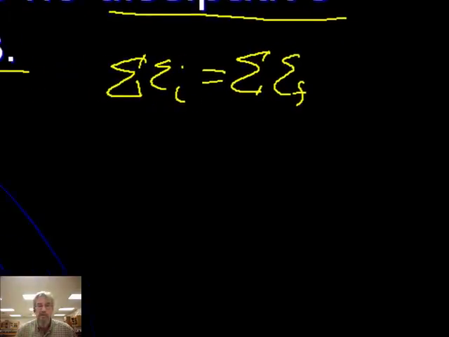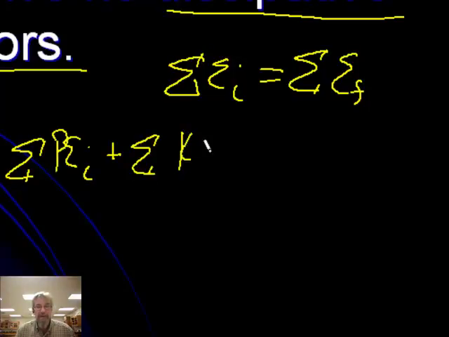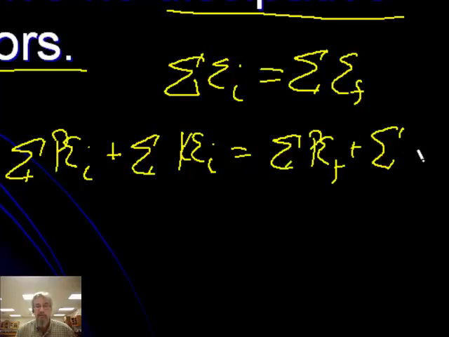And since we know energy can be stored in 2 methods, we have to think about summing up all of the potential energies that the system initially has and all the kinetic energies that the system initially has. And that's going to have to be equal to the sum of all the final potential energies and the sum of all the final kinetic energies.